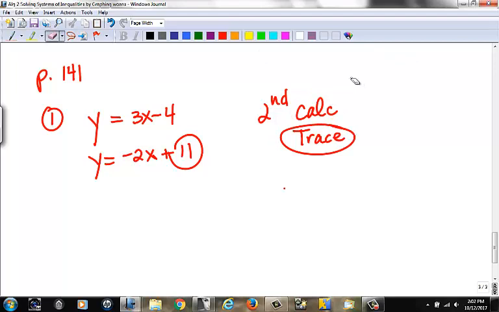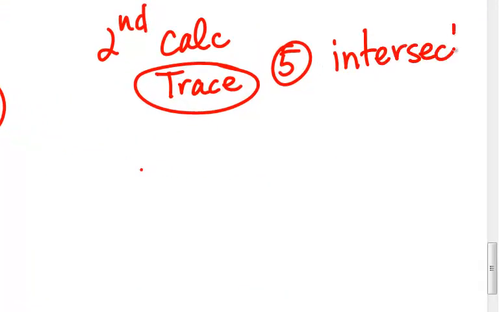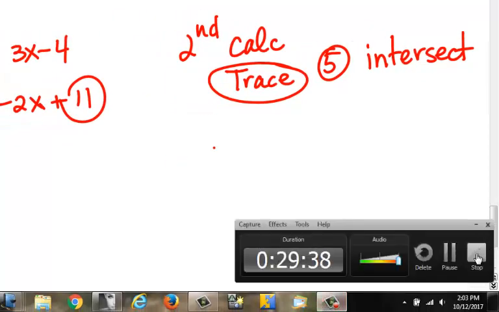Second function calculate is above the trace key, and then do number 5 for intersect. Get your cursor close to the point of intersection. You press enter. Second curve, press enter. Guess, press enter. So you're pressing enter 3 times. Everybody good with that? You need graph paper for this assignment, so make sure you have enough.